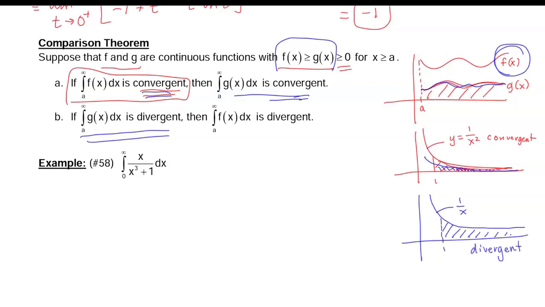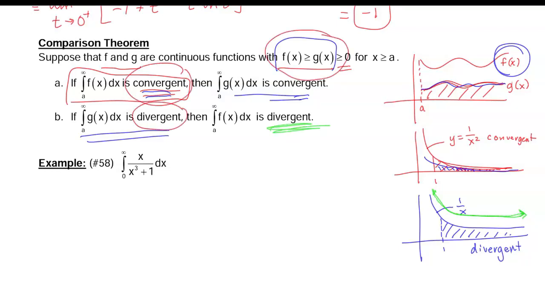The curve was not coming down and hugging up against the x-axis fast enough. So you can imagine, if we had a curve above that, that one's not going to get any closer to the x-axis if it's up above it or equal to it. So another function that's greater than a divergent function is going to be divergent as well.